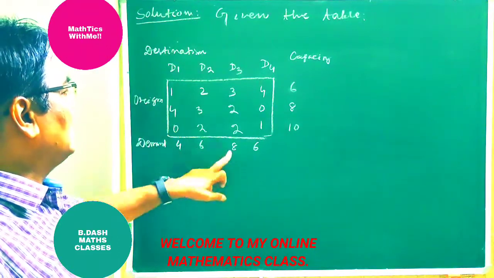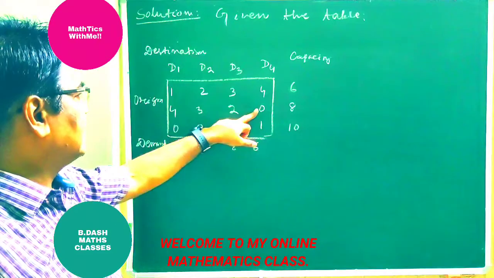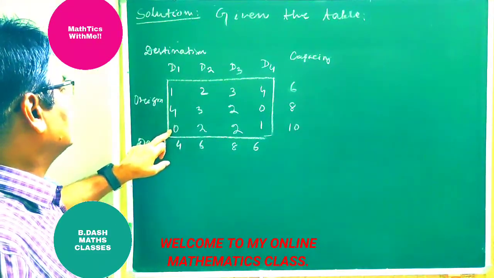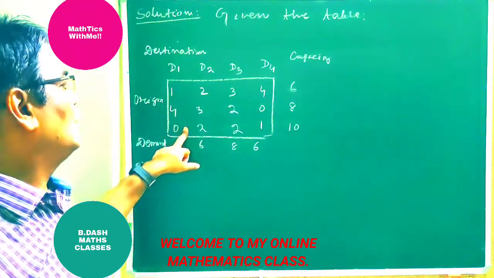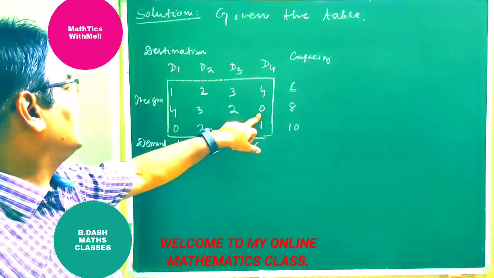We can allocate a maximum amount of 6 in cell 24, whereas in cell 31 we can allocate a maximum of 4 units. So that is why we choose cell 24.